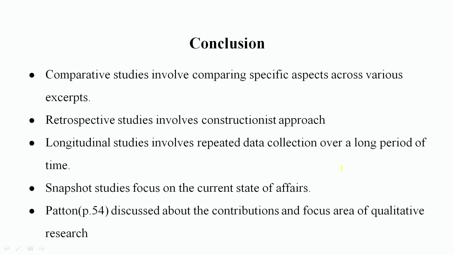Different designs which we have discussed are comparative studies, retrospective studies, longitudinal, snapshot studies. So, these are the research designs a qualitative researcher can follow according to U. Flick. And in the last part, we have seen the contributions and focus area of qualitative research.